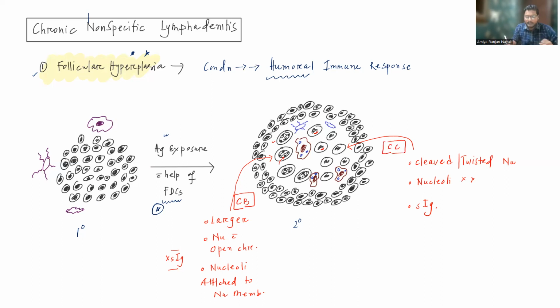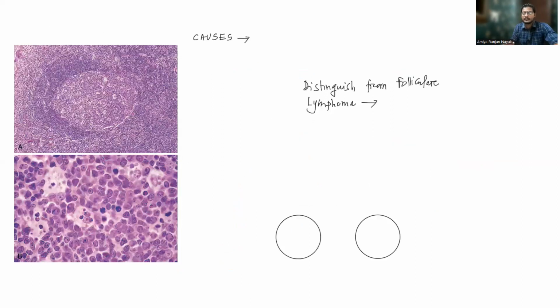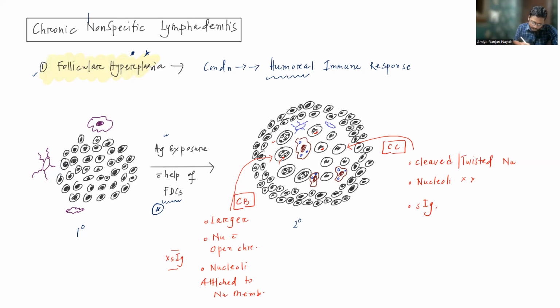And you have to remember one thing, that this arrangement of centroblasts and centrocytes inside the germinal center is polarized. What do you understand by polarized arrangement? It means on one side you are going to find the collection of centroblasts, and on the other side the collection of centrocytes. As you can see in this image, on the left side I have arranged the centroblasts, and on the right side you can appreciate the centrocytes.